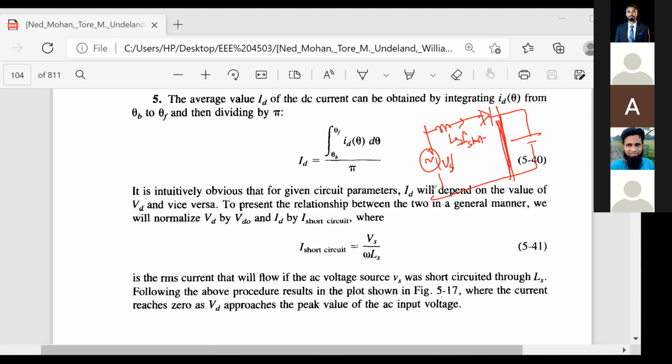Apply Kirchhoff's voltage law. Then take the highest value, right? Vs, what? Vs is the RMS value. Where this will be the RMS current that will flow if the voltage source Vs is short circuited through your Ls. That means this Vs is short circuited here, and following the above procedure, results.